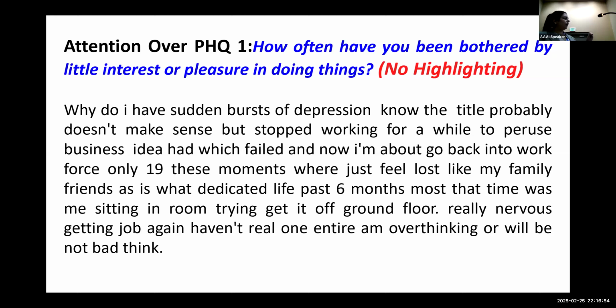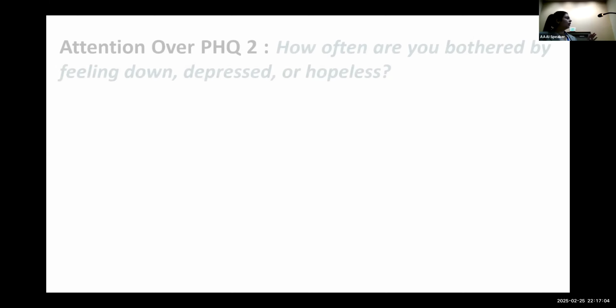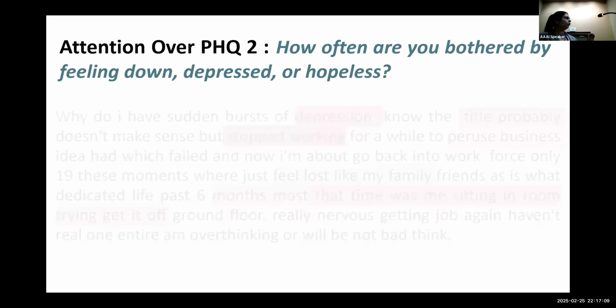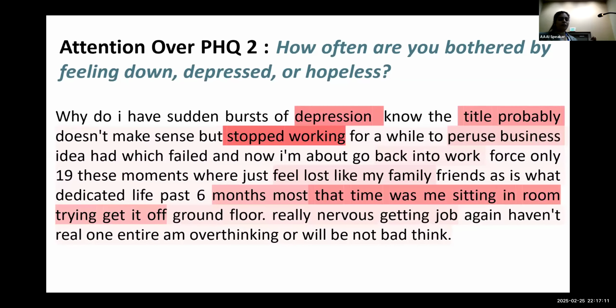These are the questions in the PHQ-9, like how often have you been bothered by little interest or pleasure in doing things? There were no highlights when we used self-attention. Another question was how often you are bothered by feeling down, depressed, and hopeless. It was able to identify a few words like depression and stop working, because these are general-purpose LLMs that can find such words and give them some attention.